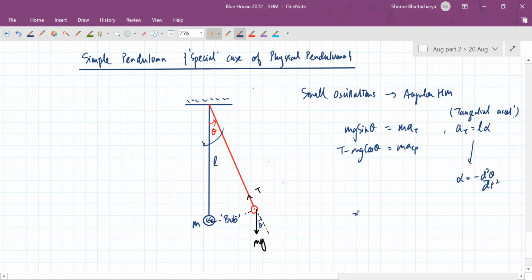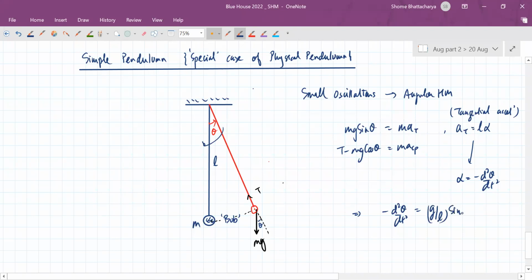So the relation that you get is that minus d2 theta by dt square is equal to g by L sine theta, where M cancels out on both the sides.